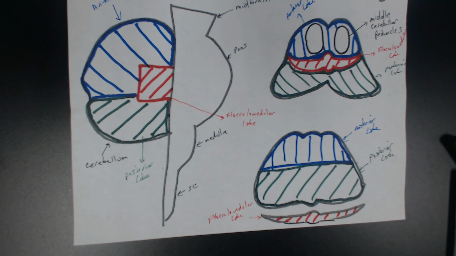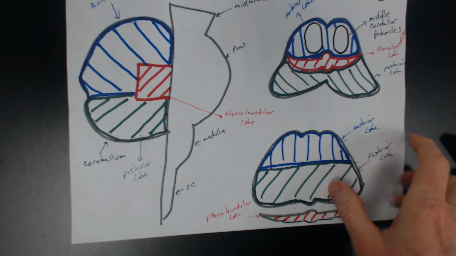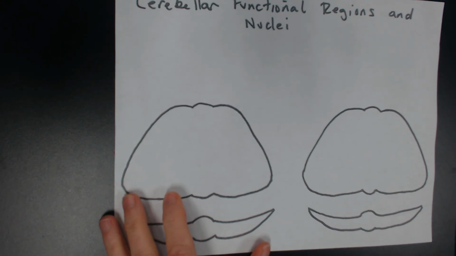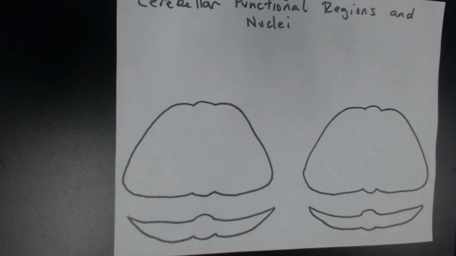Any other questions? Again, this is just basic gross anatomy, nothing fancy here. The next one we're going to look at is the cerebellar functional regions and nuclei. This is the next step up from just doing the dissection and pulling out the cerebellum.